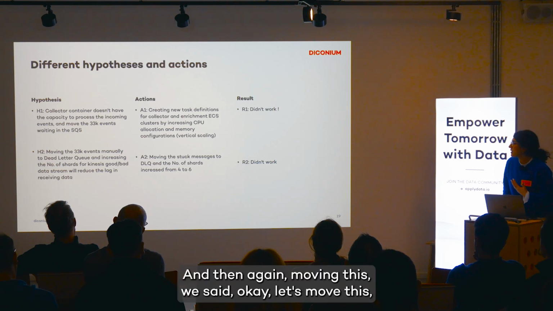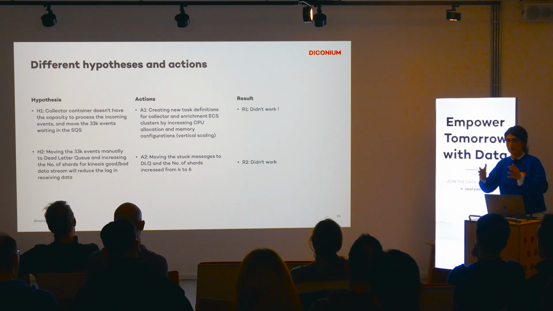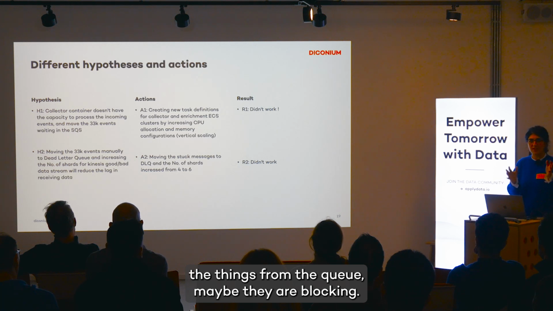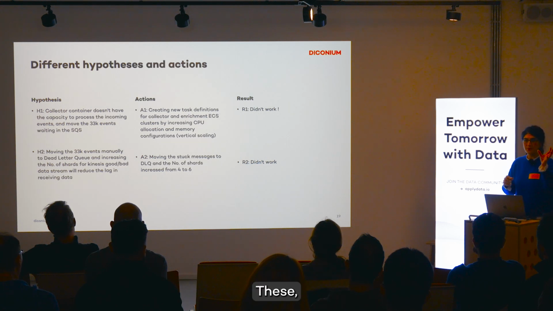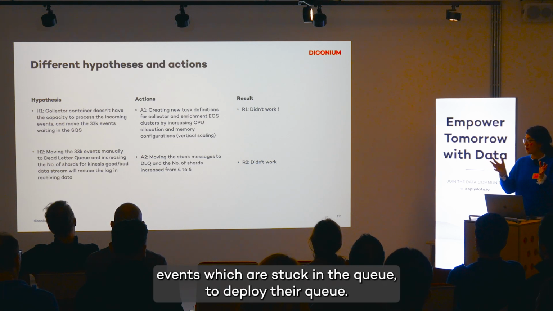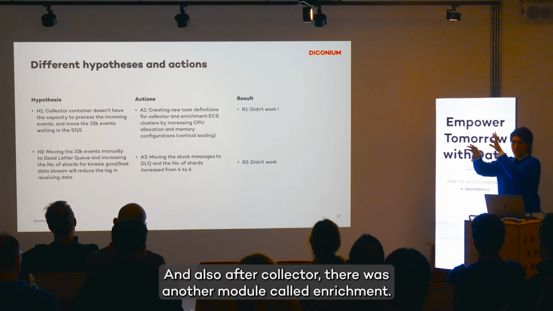And then we said, okay, let's move the things from the queue. Maybe they are blocking. You can manually move these events which are stuck in the queue to another queue. And after the collector, there was another module called enrichment.